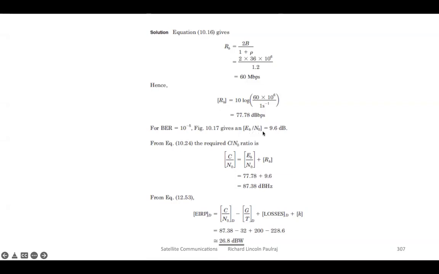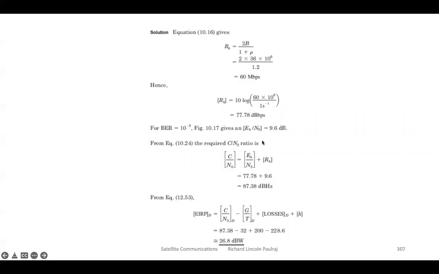So Eb/N0. Again here, we are referring to a diagram, which is a standard value. So just make note of this constant. Eb/N0 is about 9.6. So use that value. So C/N0 is Eb/N0 plus Rb. Rb value we have 60, then Eb/N0 value is about 9.6.